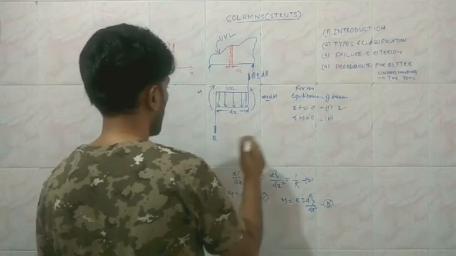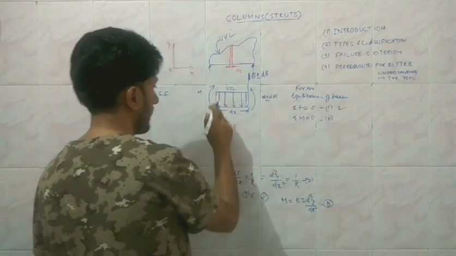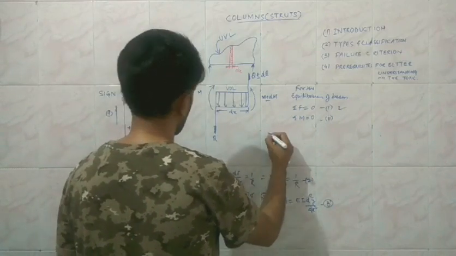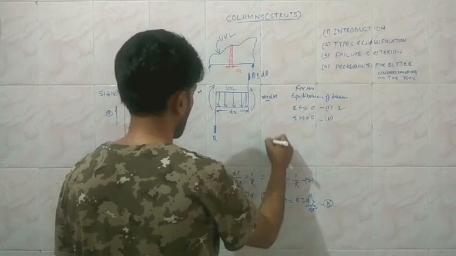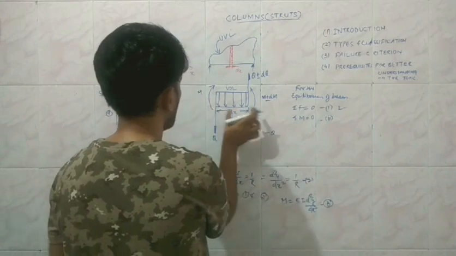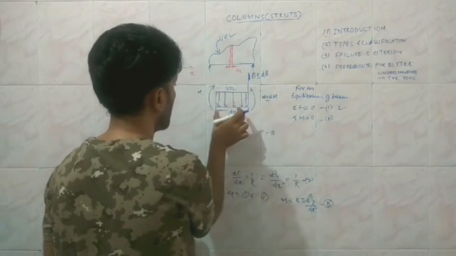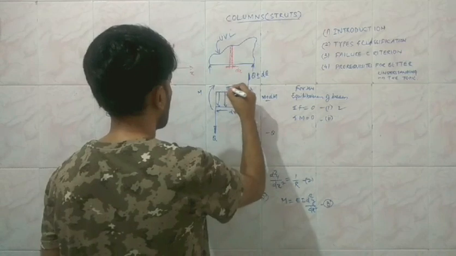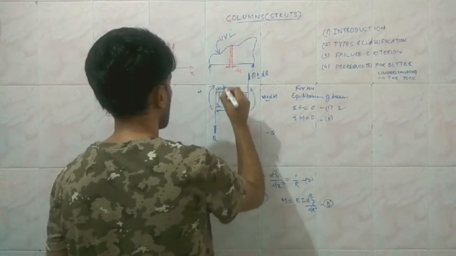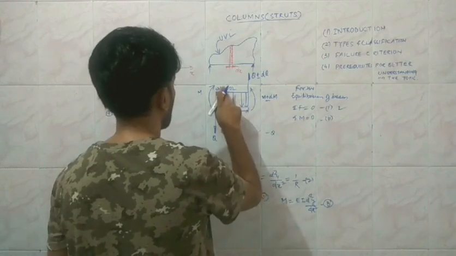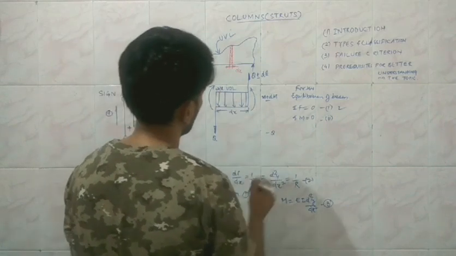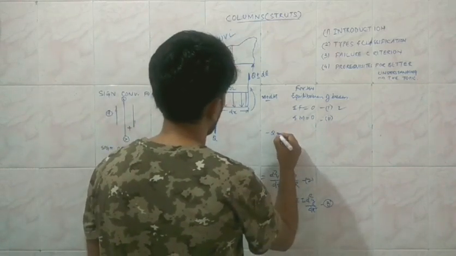Since we are dealing with downward forces, we are moving from left to right. As we have started from the initial length, we have encountered a force Q acting in the downward direction, so this is going to be minus Q. Then when we move, we find the UDL over the length dx, and say the intensity of this load is W per unit length, whatever the unit of length is.